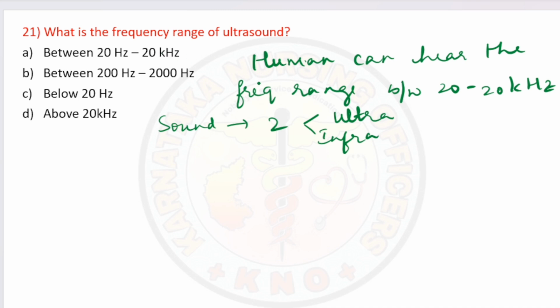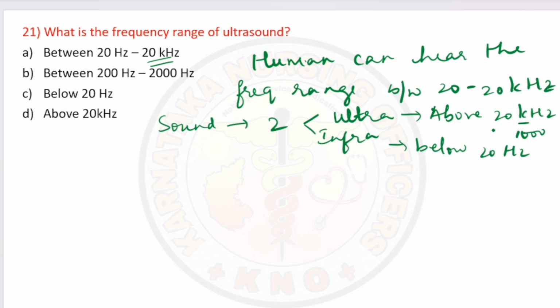It is the frequency range above 20 kilohertz. Kilo means 1000, so 20,000 hertz you can say. And infra means below 20 hertz, which is called infrasound.